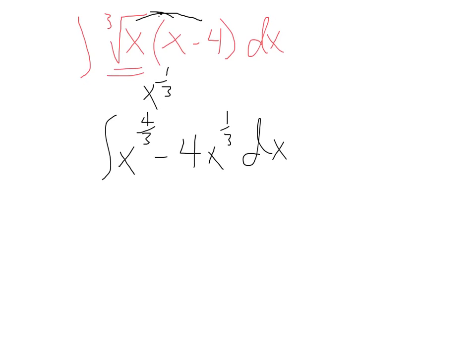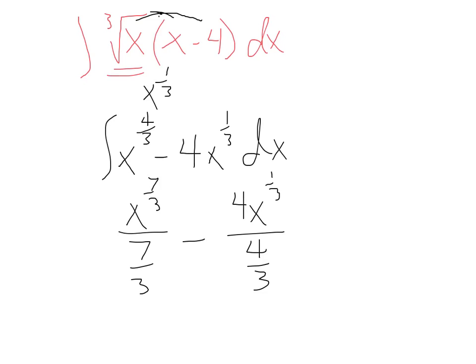Same thing: add 1 to the power of everything, so we should end up with x to the 7/3 over 7/3 minus 4x to the 4/3 over 4/3, plus c. Rewrite the fractions here, flip them over, reciprocal.